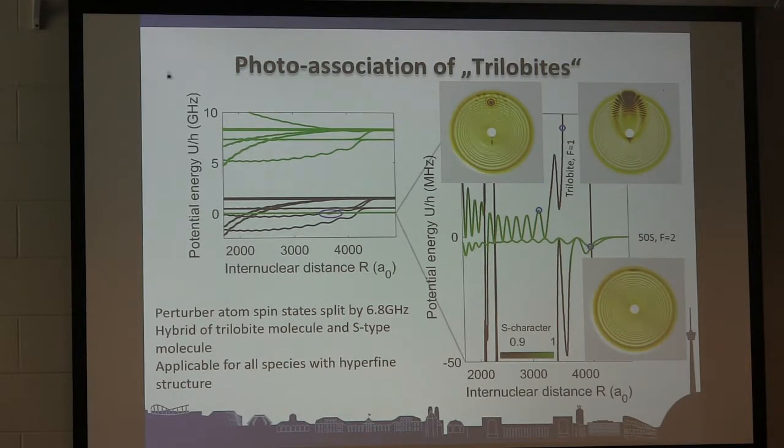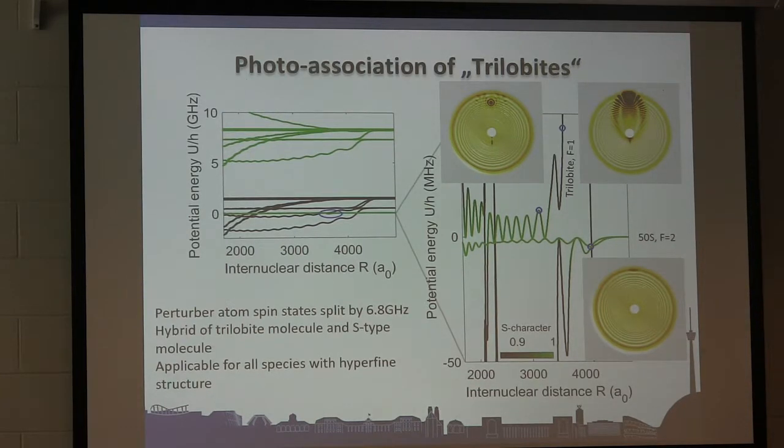And when we now look at the electron wave functions for these different cases, here you can just see the wave function of the normal S-type Rydberg molecule. Up here you see what such a Trilobite molecule looks like, or in this case it's still a bit of S character, but the one we actually want to excite is sitting down here, so it has significant S character such that you can easily couple to it with our two-photon excitation, but it also already has a lot of polarity, or a lot of electron density at the position of the perturber.